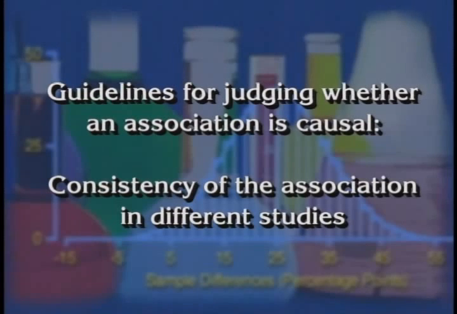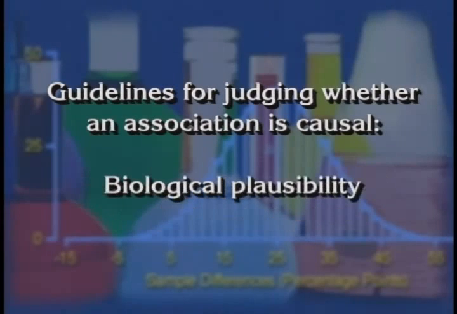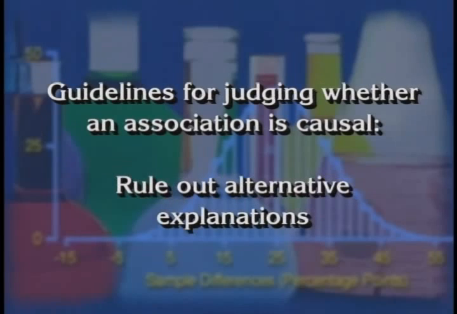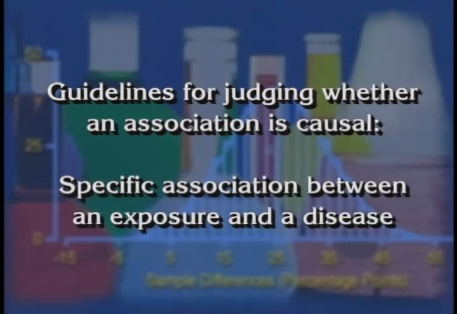And if we remove the exposure, we would expect that the risk of disease would go down. The relationship that we're suggesting of causation between exposure and disease should be biologically plausible, and we should rule out alternative explanations. And it has also been suggested that the association be specific for a certain exposure and a disease.